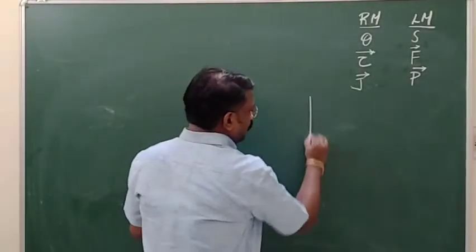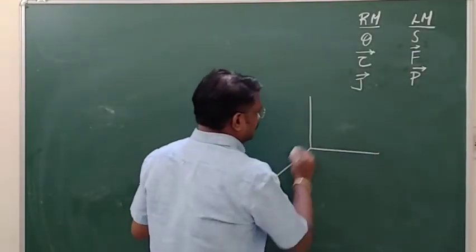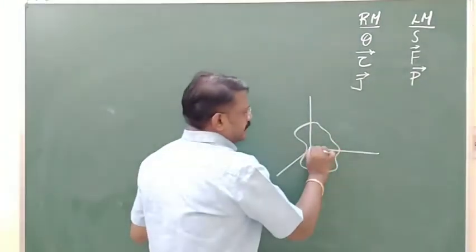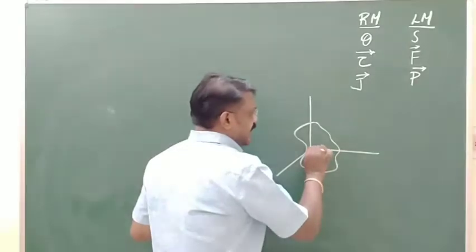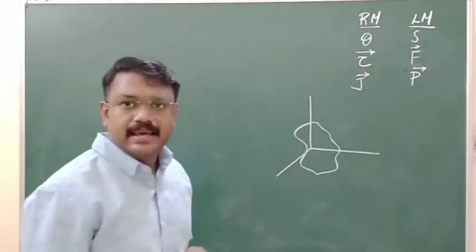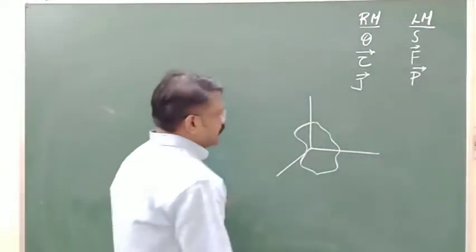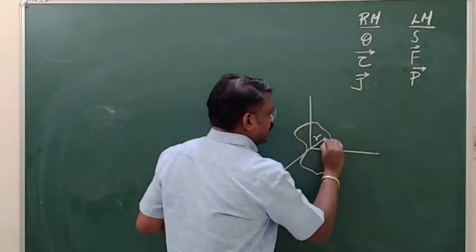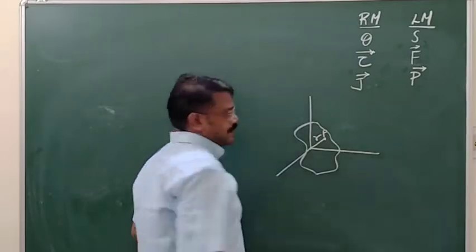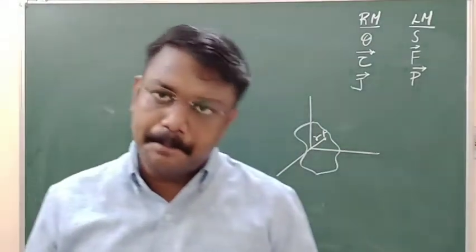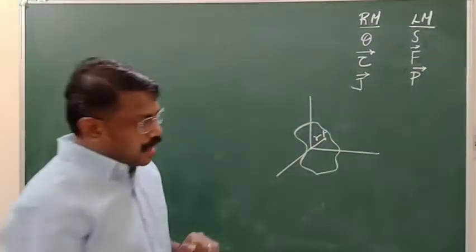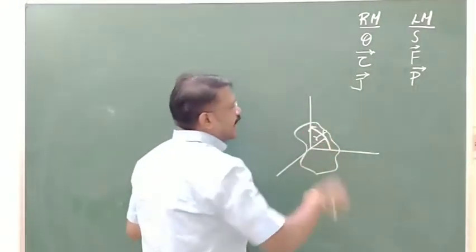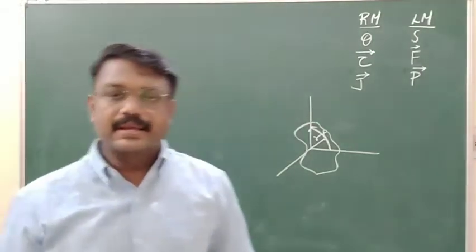Suppose you have a rigid body, and in this rigid body the origin is the axis of rotation. At a distance r, you have a particle P, and it is getting rotated in the anti-clockwise direction.